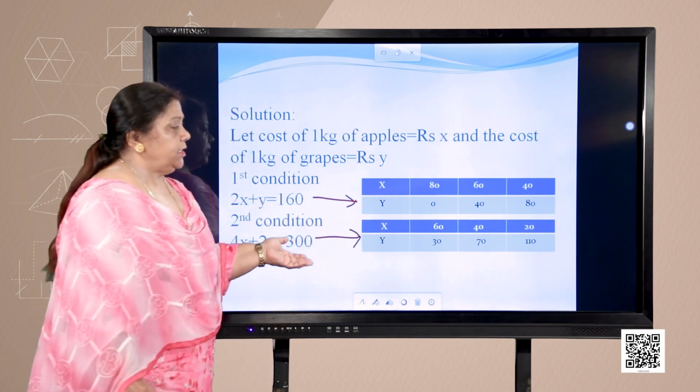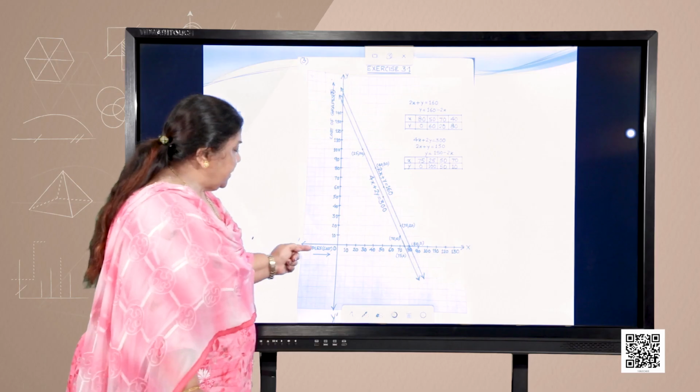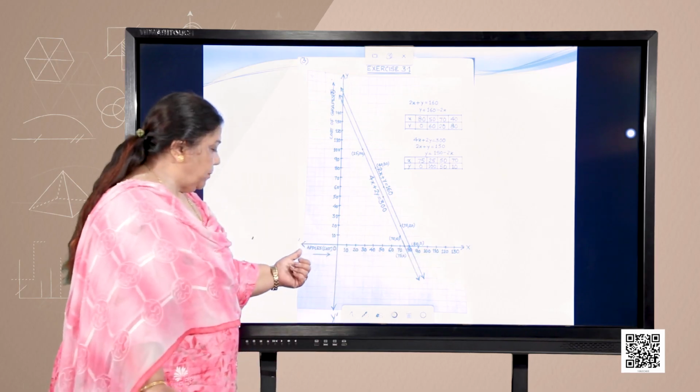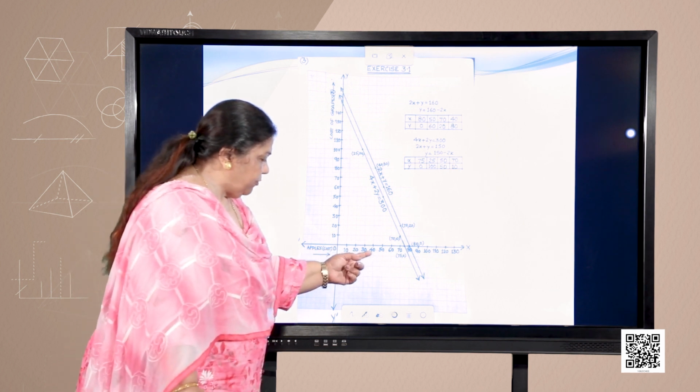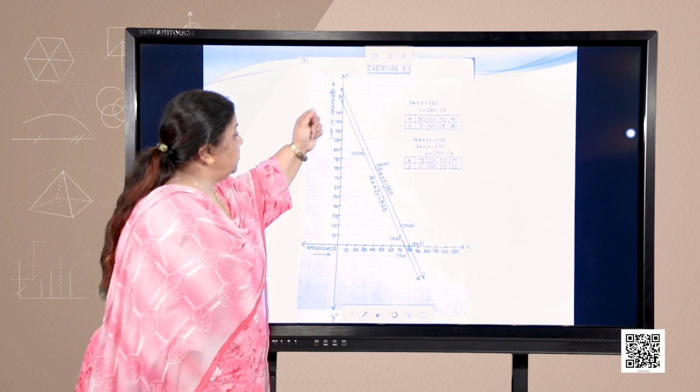Now let us plot this on the graph. On the x-axis we are taking the cost of apples as 10, 20, 30, 40 and so on, and on the y-axis we are taking the cost of grapes.